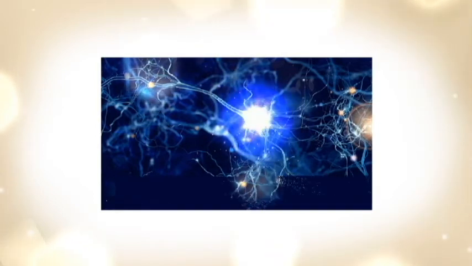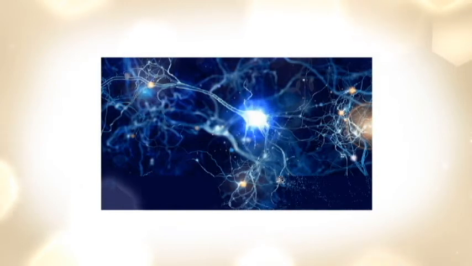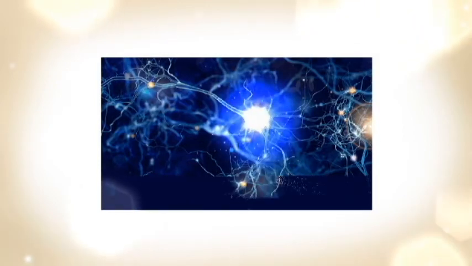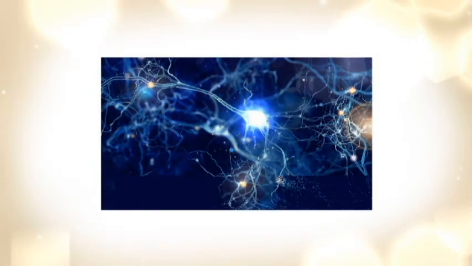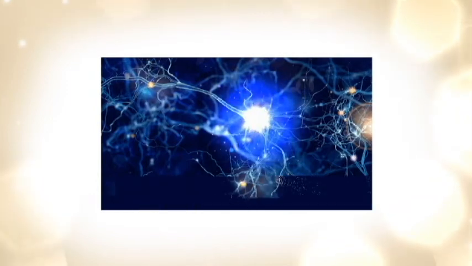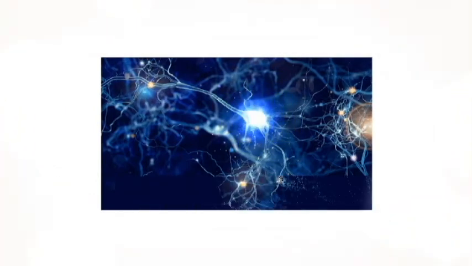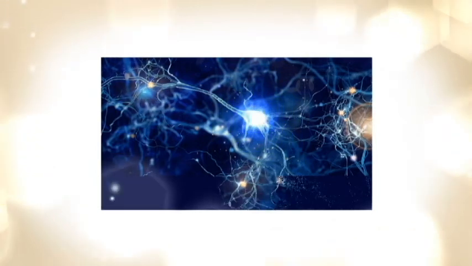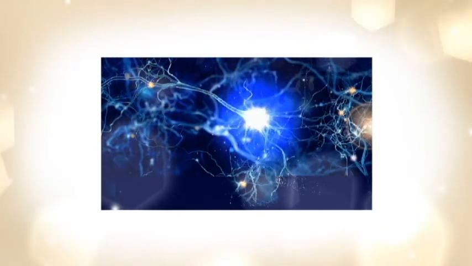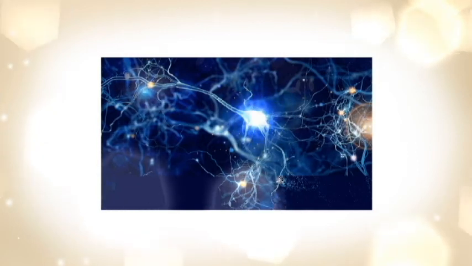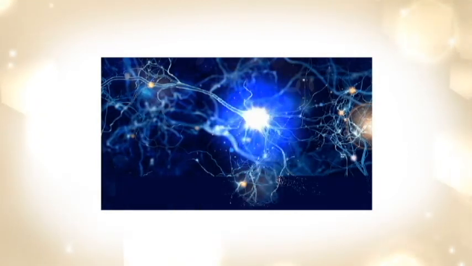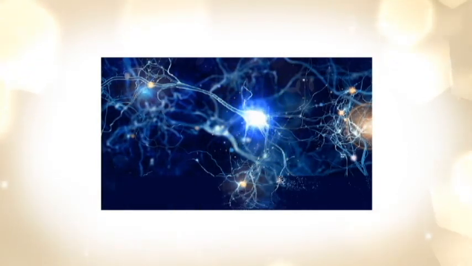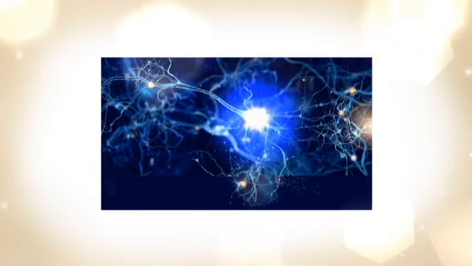It is the sum total of all synaptic inputs to a neuron which determines if it will fire an action potential. Unlike action potentials, synaptic potentials are graded and decremental, meaning that their amplitude is not all or none. Their amplitude is dependent on the amount of neurotransmitter that is released.